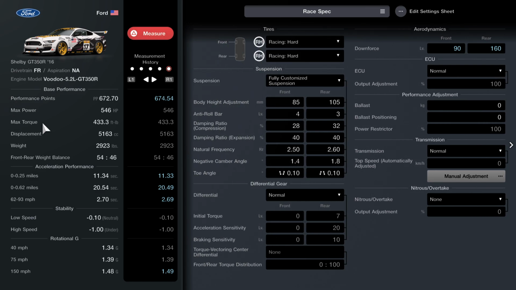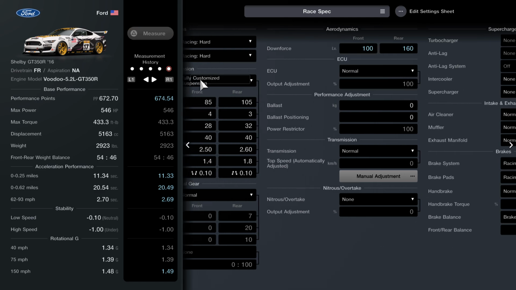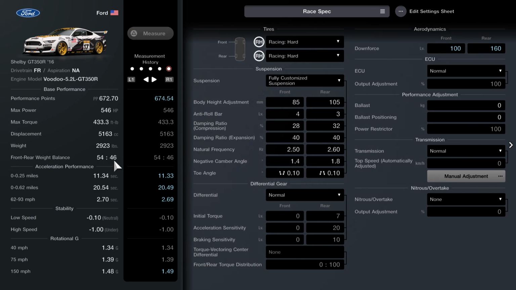As the foundations, the three constants that we have here, our natural frequency, the first one that we should start from, is why these values are set up this way. The weight balance, the front ride height.